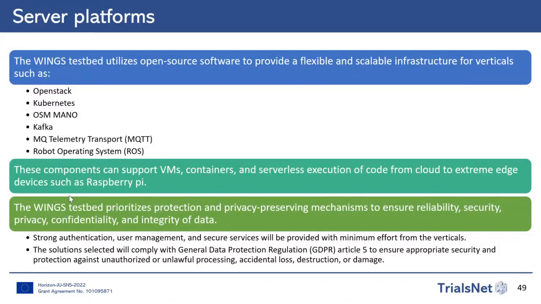And this may include, as we see here, OpenStack, Kubernetes, OSM Mono, Kafka brokers, as well as MQTT, can support MQTT messages, or the robotic operating system for some of the robots that are utilized. And in general, these components can support various virtual machines, containers, or serverless execution of code in devices such as Raspberry Pi.